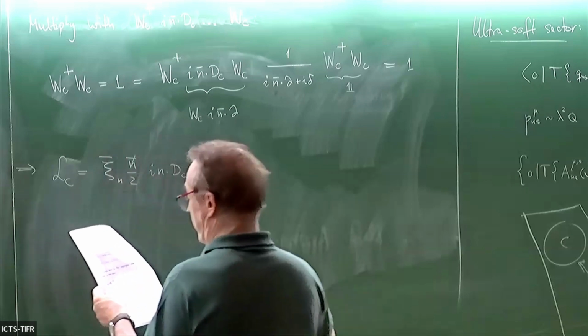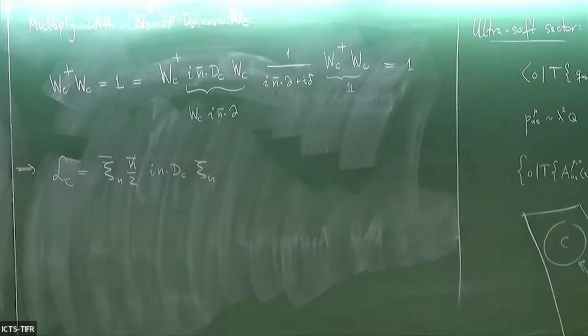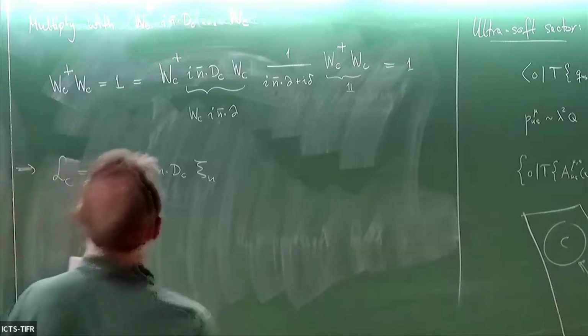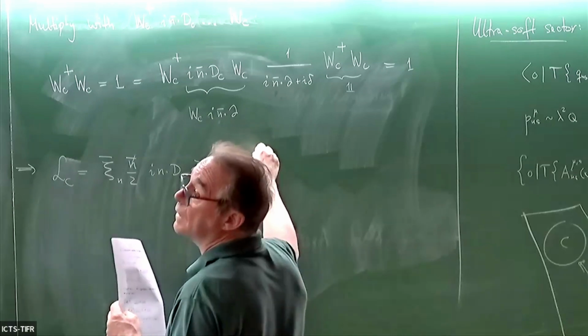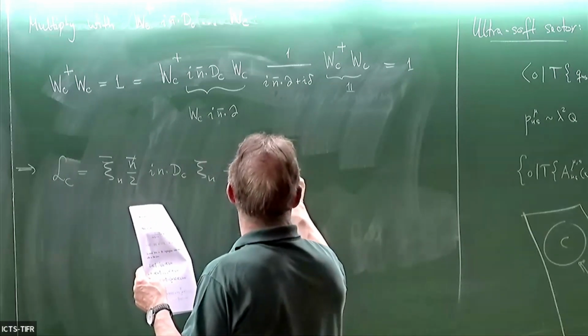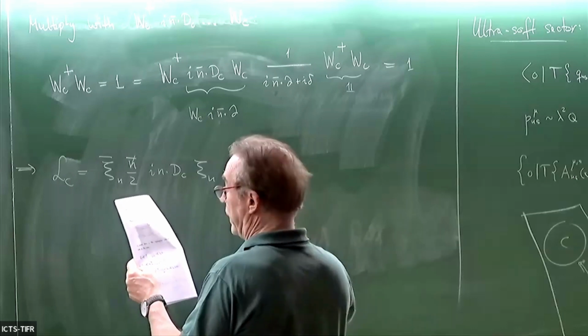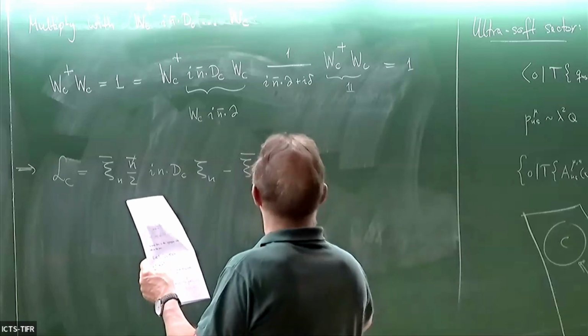And now the second term is minus chi_n bar i D slash perp collinear n bar slash over 2.